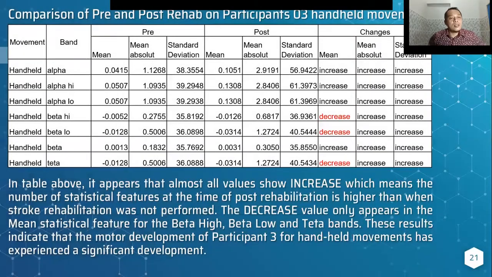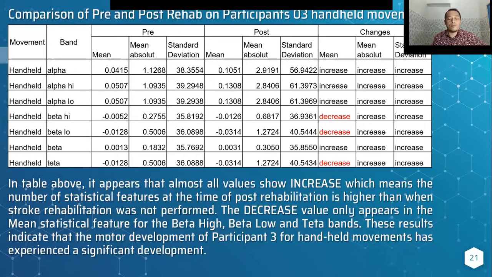And next, this is the table of comparison pre and post rehab on participant number 3 handheld movement. In the table above, it appears that almost all values show an increase, which means the statistical features at the time of post-rehabilitation are higher than before stroke rehabilitation.